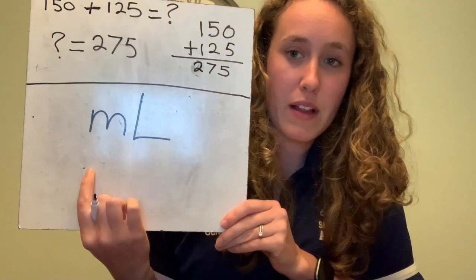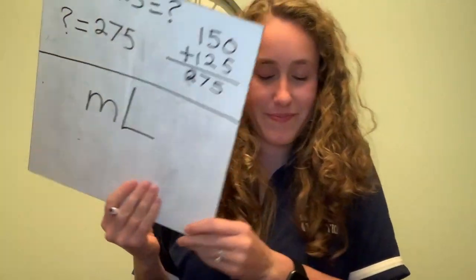No. 275 milliliters. And the way that we abbreviate it, we don't have to write out the full word every time. We write a lowercase m and an uppercase L. Milliliters.